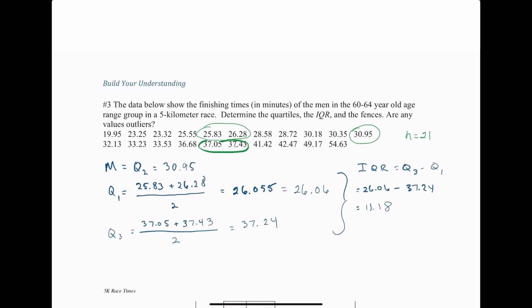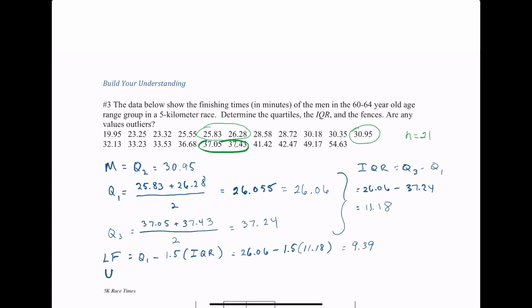Now the lower fence is Q1 minus 1.5 times the interquartile range, which is 26.06 minus 1.5 times 11.18, and that is 9.39.